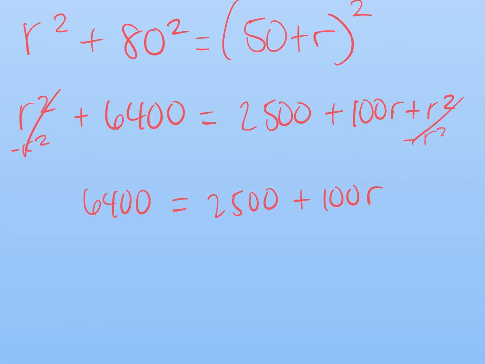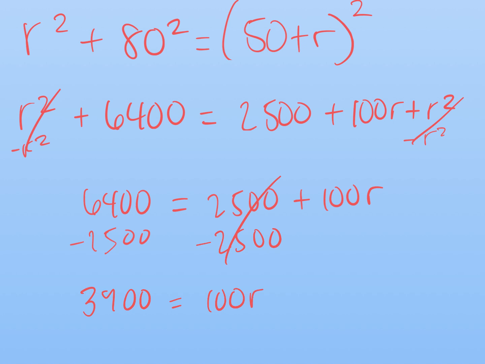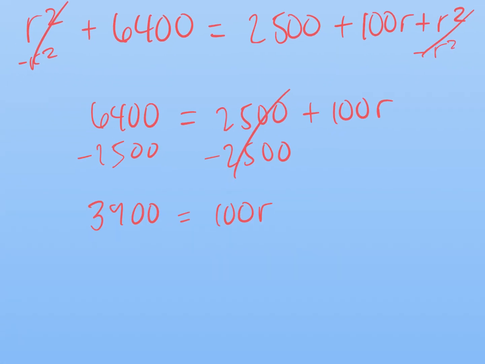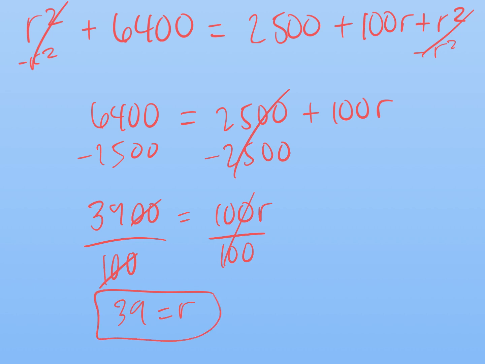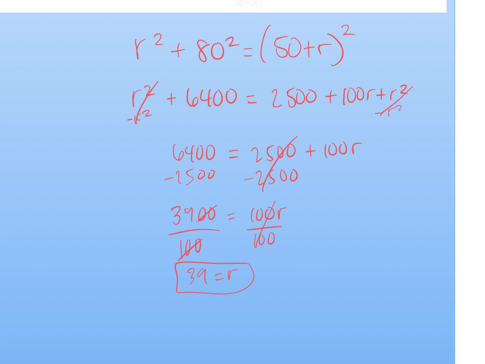What do I do? Subtract 2,500. You get 3,900 equals 100r. Then what? Divide by 100. And you get 39 equals r. Boom. What questions do we have? Zach? Oh, yes, you may go. What questions do we have on this one?